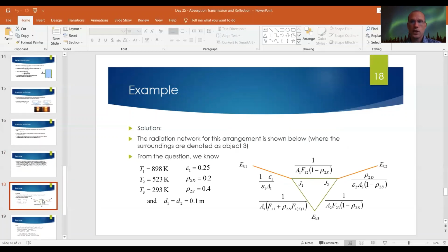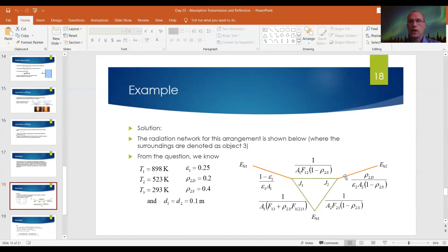So, the radiation network is similar to what we had before. I have my surroundings, E_b3, really large, and so its own node down here. I have object 1, again with the normal resistance to get off the surface of (1 minus epsilon 1) over epsilon 1 A1 for the diffuse reflector.